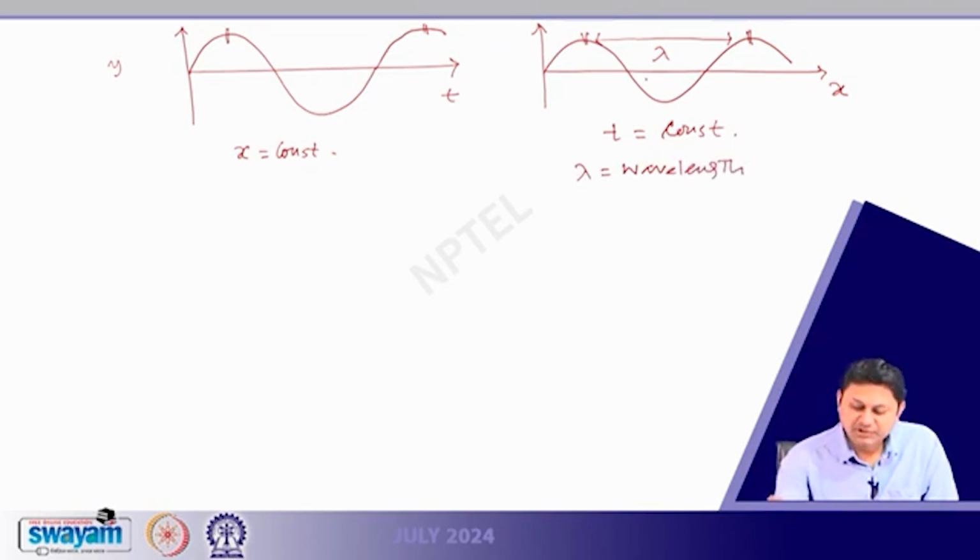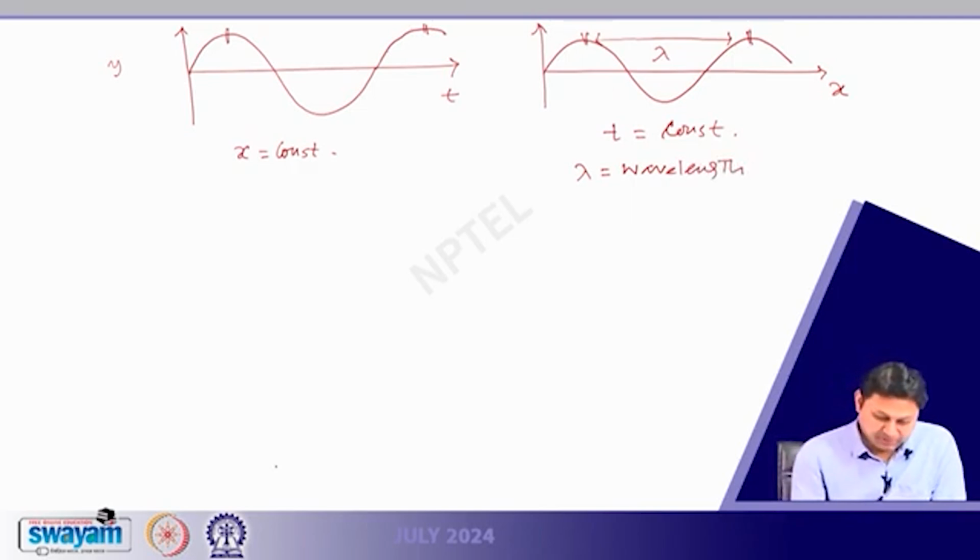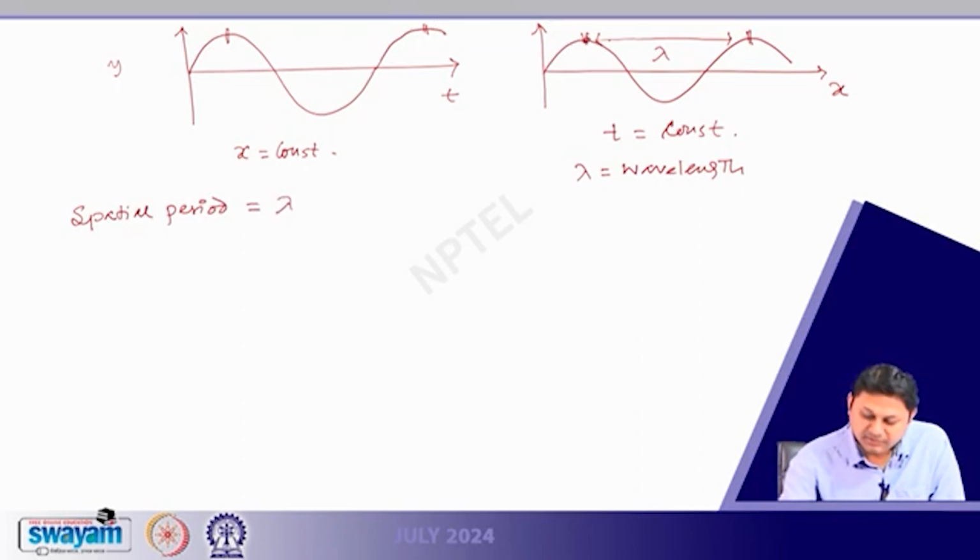So this is the spatial period we have. Essentially, the spatial period is lambda, which is the distance between the points having the same phase, and we call this the wavelength.